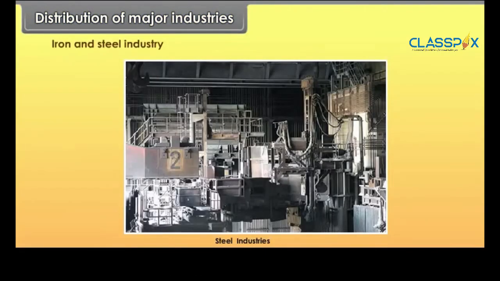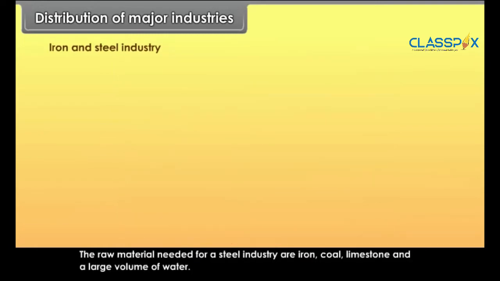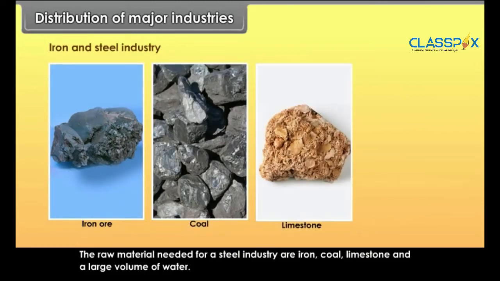Iron and steel industry. Iron and steel industry is a basic industry because it provides the base for many other industries. The machines which are necessary for other industries are made out of iron and steel. The raw materials needed for a steel industry are iron, coal, limestone and a large volume of water.